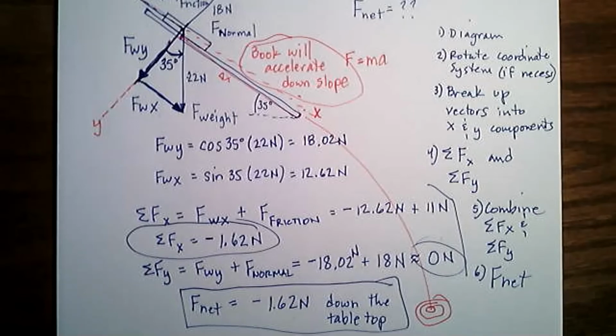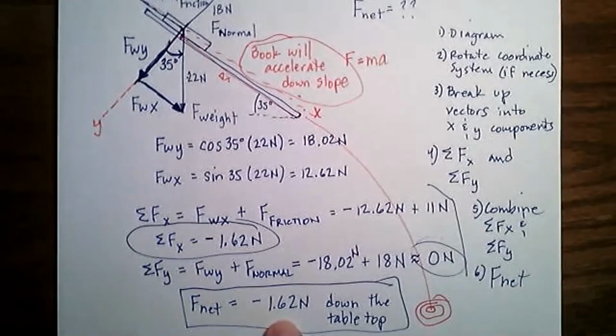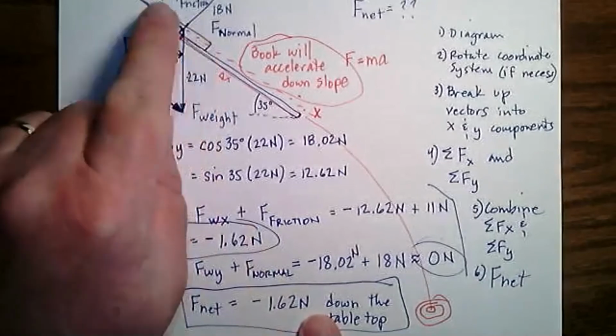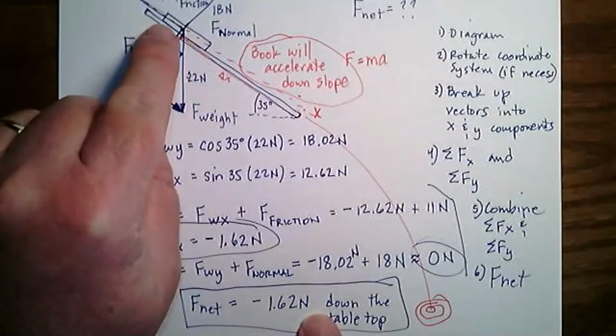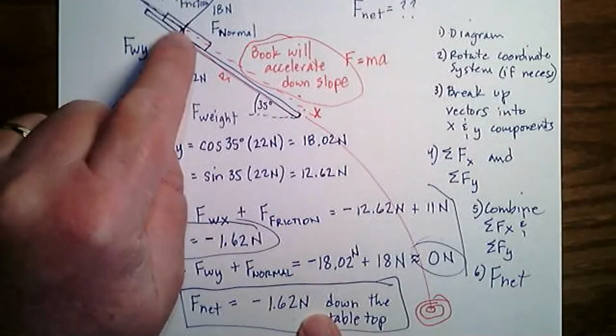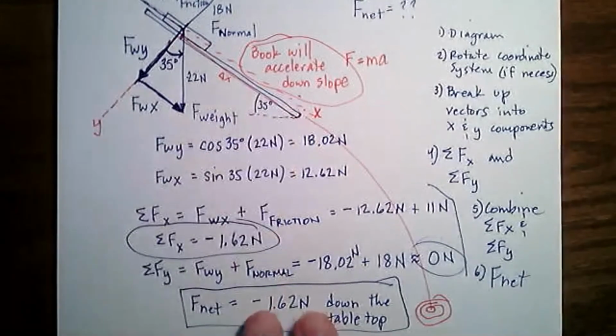Okay, so this is how we would determine a net external force. And because we had a net external force, this book that's up here is no longer going to be first law. First law basically says an object at rest stays at rest. This guy is not going to stay at rest. It will accelerate down the slope because you have a net external force acting on it.